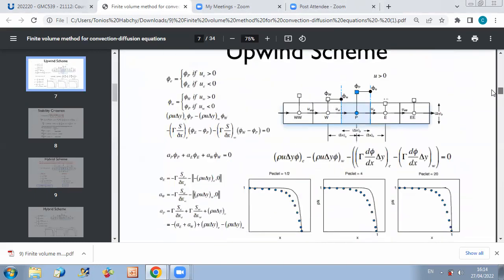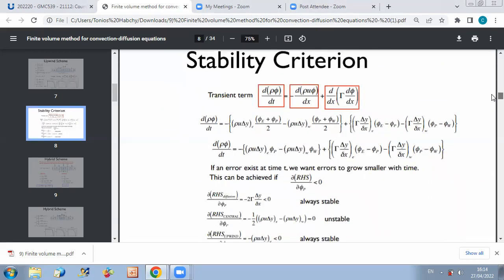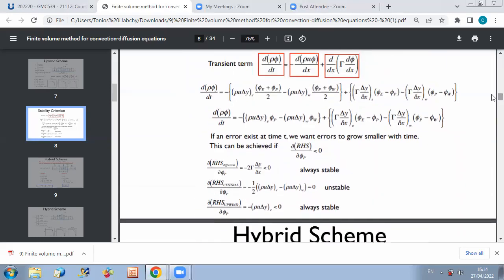We have already derived together expressions for the upwind scheme and expressions for the central scheme. And if we look at the stability criterion that we already covered together, we have seen that to say that a certain scheme is stable, one strategy will be to derive the right-hand side with respect to phi p, and we should get a negative result.